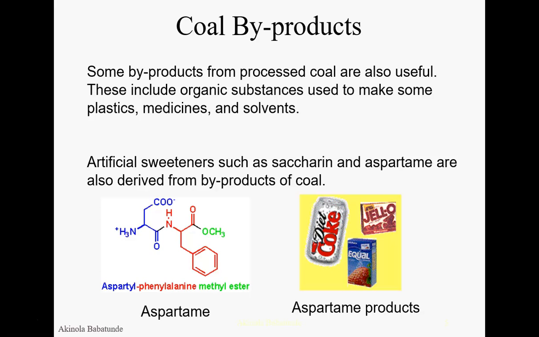Artificial sweeteners such as saccharin and aspartame are also derived from byproducts of coal. So you will see the aspartame chemical composition here, and then you can see some of the other products that we have. Okay, so these are edible products. And you can see the chemical composition of aspartame here.